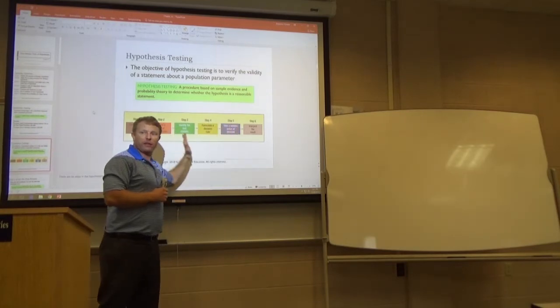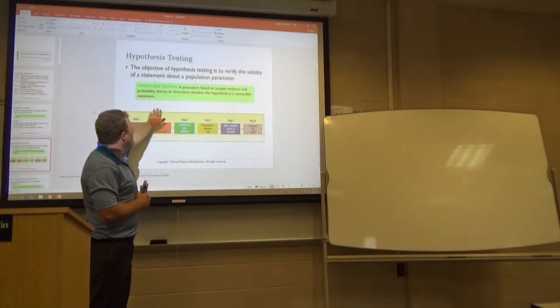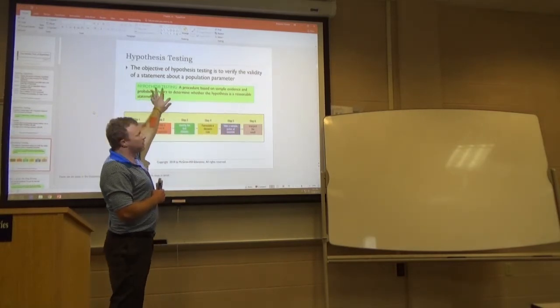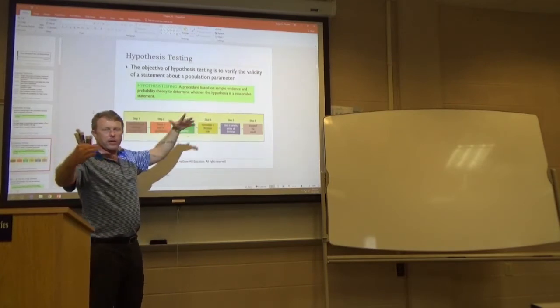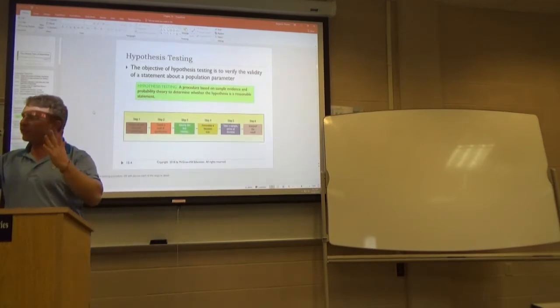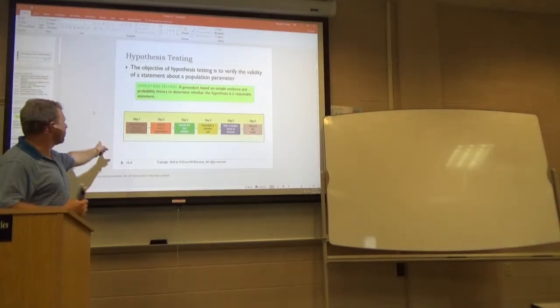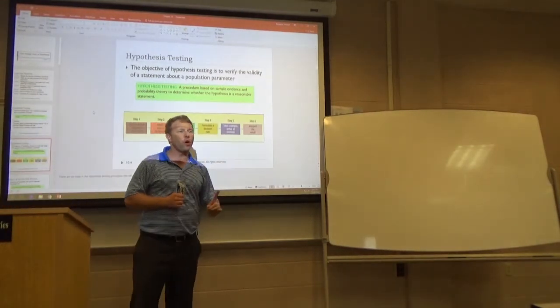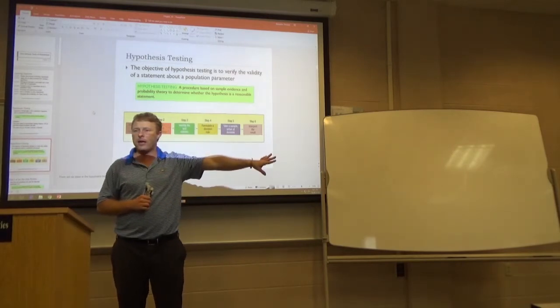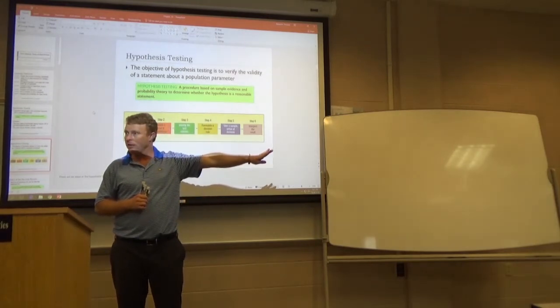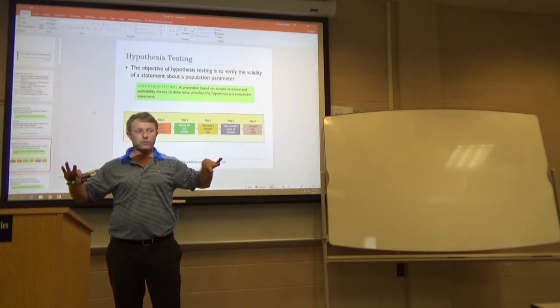This is the math. The math is in these steps. And we're going to use the probability theory that we learned, and we're going to say, this hypothesis we have, does it hold true all the way through these steps? Or are we going to reject that hypothesis? That's what we're saying here. Does everybody understand what we're doing here?